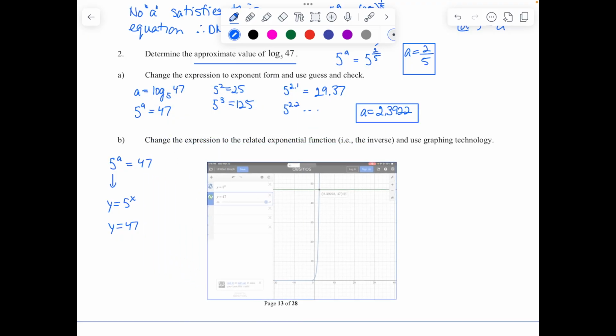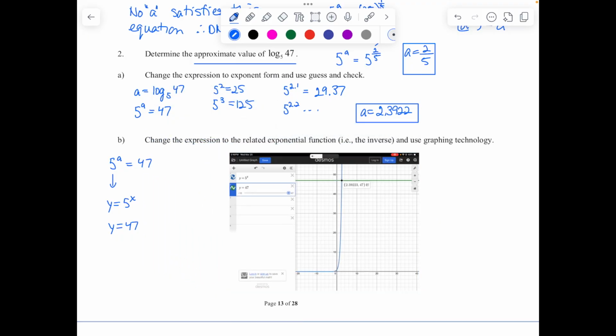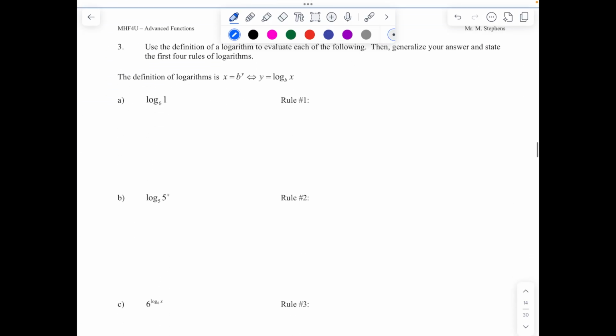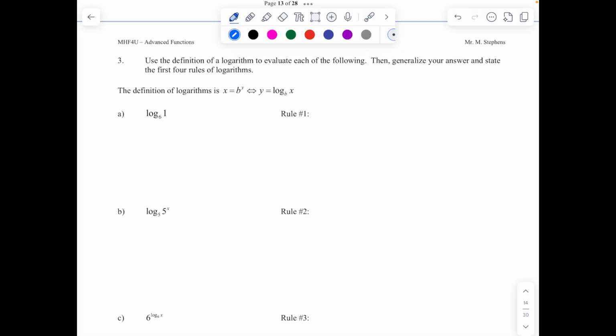Okay, there we go. Now let's move on to stuff you would more do on a test. What we're exploring right now are some common rules of logarithms that we can recycle and reuse when we are evaluating logarithms in the future. So I'm seeing log base 6 of 1.